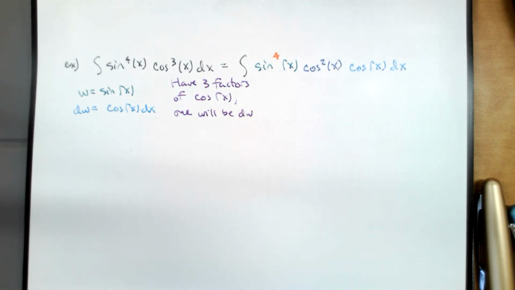So at the end there's that cosine x dx, that's going to be my dw, but I've still got this cosine squared. Fortunately, there are 2 of them left, so we can just grab our Pythagorean identity and replace cosine squared with 1 minus sine squared.